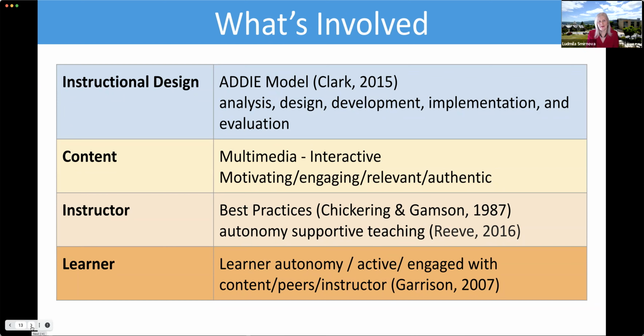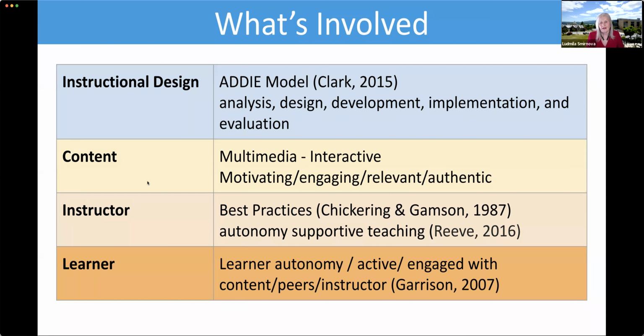Of course, instructional design, and there are different models. The most popular and the most usable is the ADDIE model: analysis, design, development, implementation, and evaluation. It was designed in 2015.